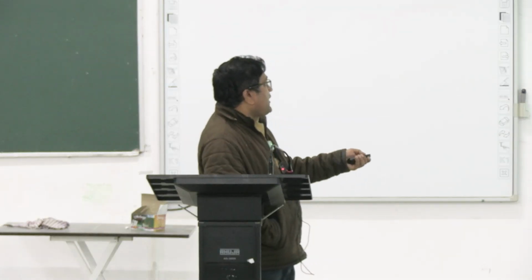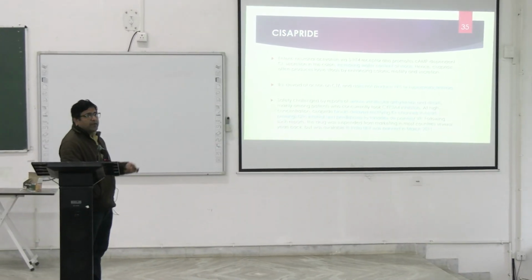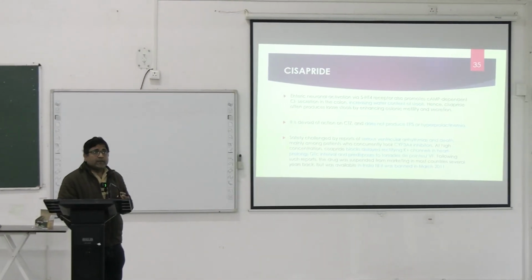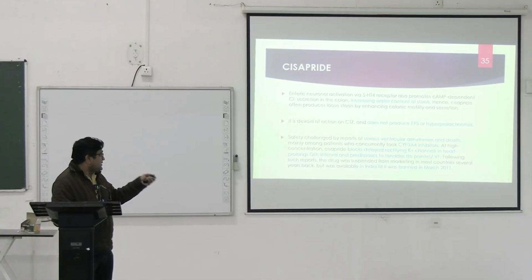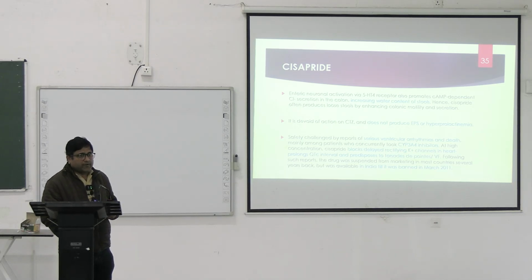Now, the problem is that the drug has been banned in many countries including India. Why? Because this drug is associated or linked to serious ventricular arrhythmias. Why? It has been seen that when co-administered with CYP3A4 inhibitors, the drug level is increased because these CYP3A4 inhibitors decrease the metabolism of cisapride.